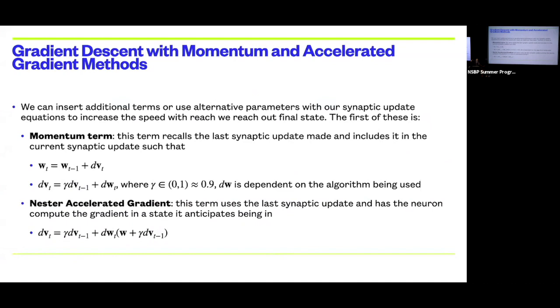And so we discuss the momentum term, which essentially adds to a given weight update the result of the previous update scaled by some scalar between 0 and 1, commonly 0.9, and accelerated gradient, in which the weight update is computed at a position that should be somewhere in the future. So it sort of predicts the gradient at a position where it predicts it will be next.